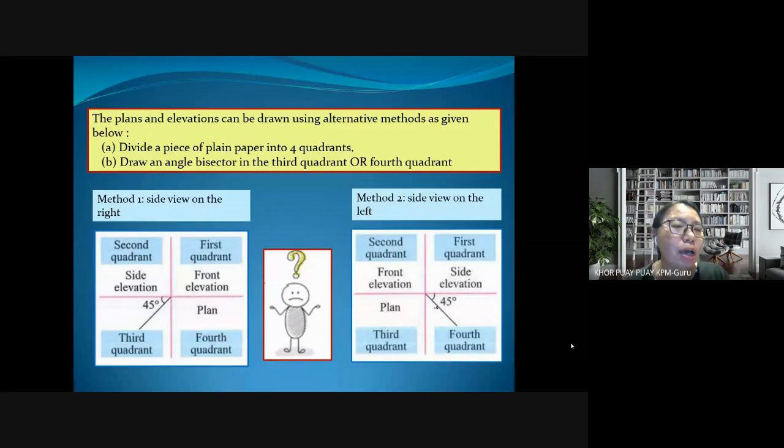So in case they ask you for a full scale plan, it means you must draw everything. Let's say they give you a box. If they tell you, I'm looking from this side, the right side, then I will draw my line on the left.